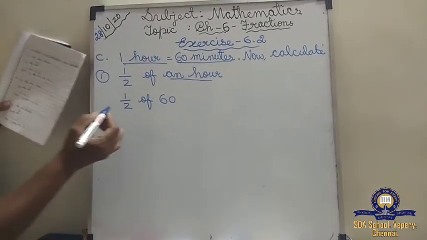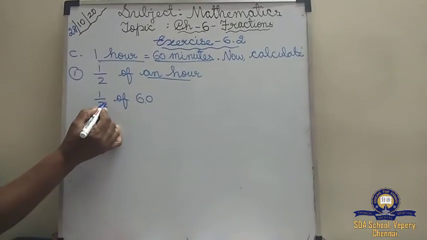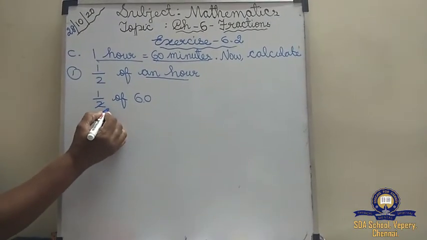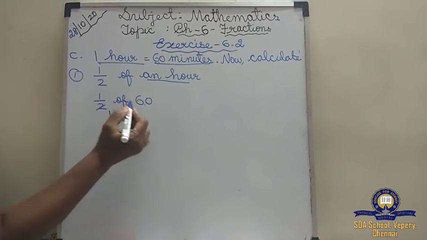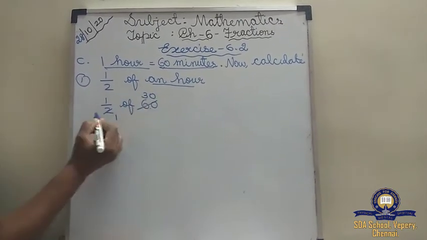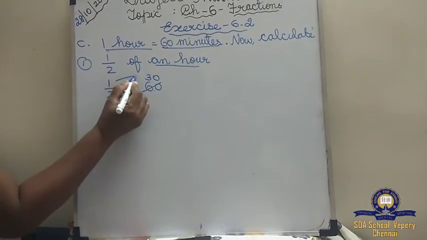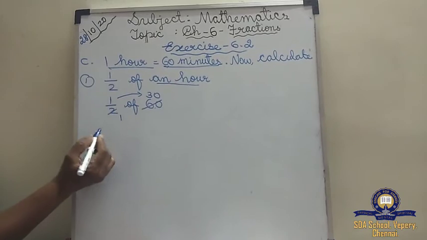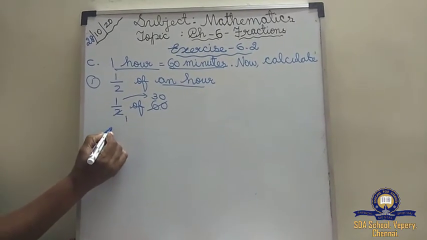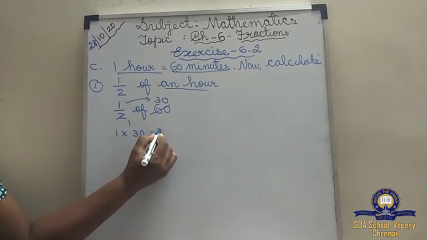So what will come, children? Here 60 goes in the 2 table. What will come? 1, 2, 2, 1 is 2. And 32s are 60. So when you multiply these two numbers, 1 into 30 is equal to 30.